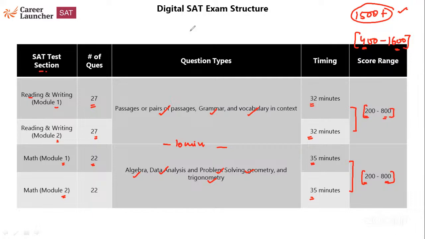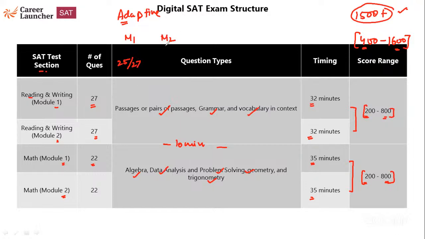Now the SAT is an adaptive exam. Adaptive means it will adapt to the test taker's performance. When you start with module 1 of English or module 1 of maths, let's say out of 27 English questions, you got all correct or 25 correct, a very high accuracy.